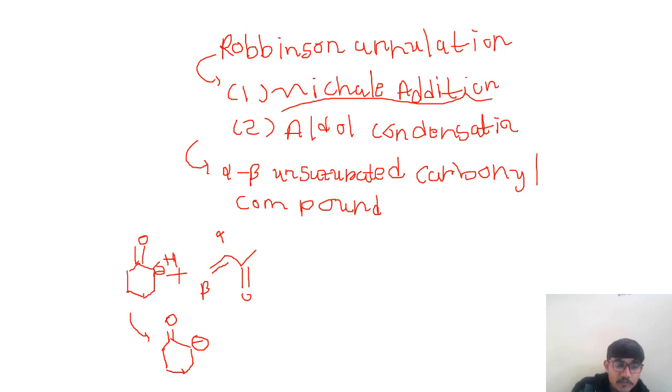And now this carbanion will attack on the beta carbon, or you can say the beta position of the alpha beta unsaturated carbonyl compound.